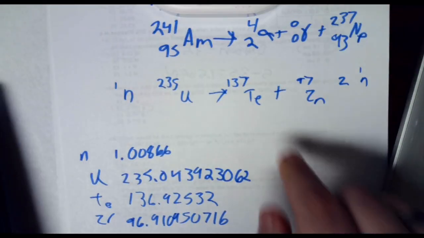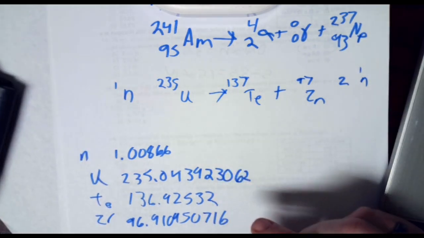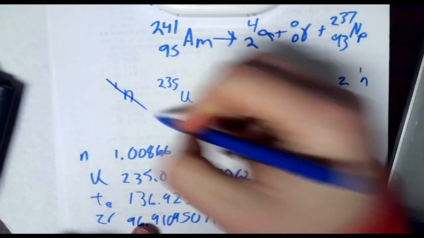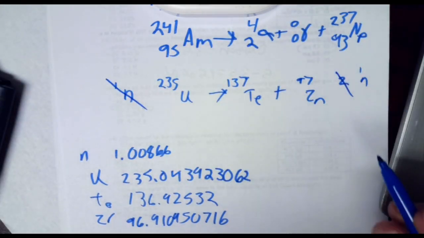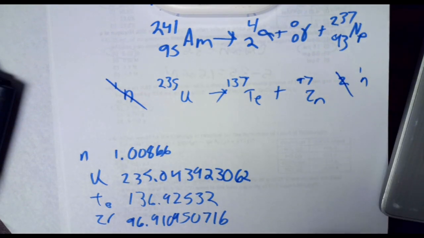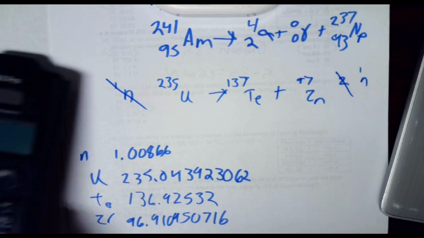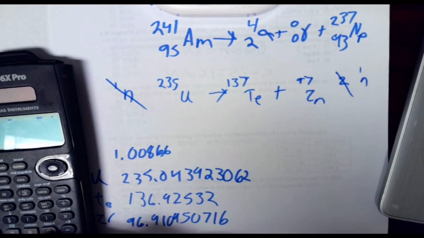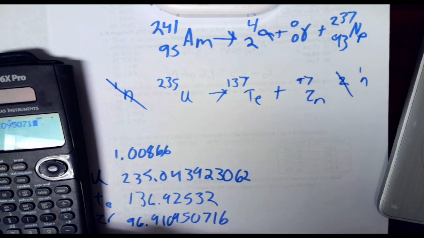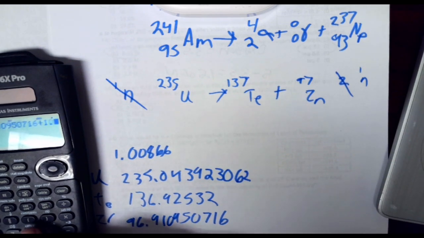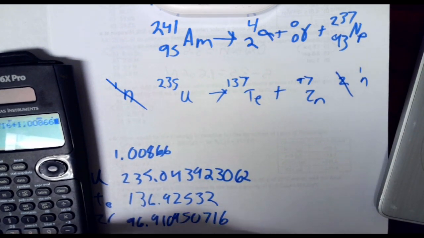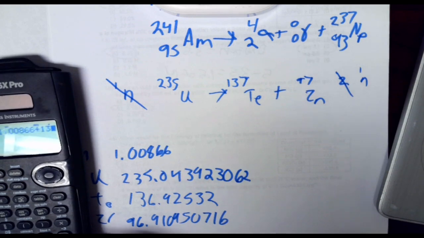So, my reactant. I can go ahead and cancel out one neutron with one of those neutrons. So I'm going to say the total number of products is going to be this, this, and this. So let's do that. 96.910950716 plus 1.00866 plus 136.92532.